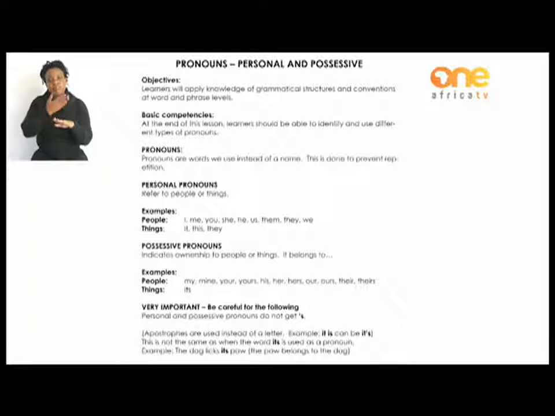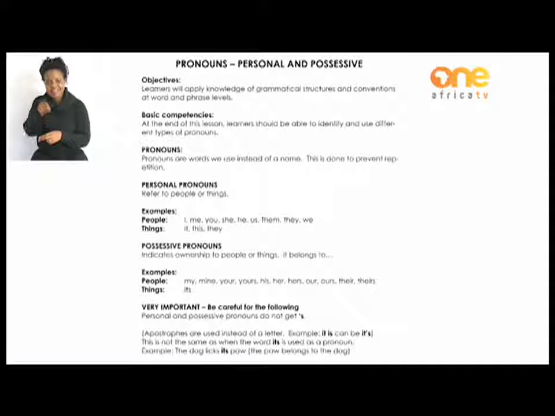Examples, when we are referring to people, we have I, me, you, she, he, us, them, they, we. And when we are referring to things, because we cannot say he, she, we use it, this, and they.